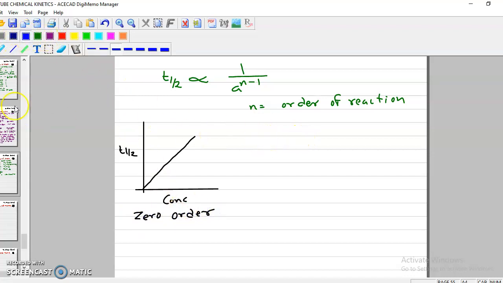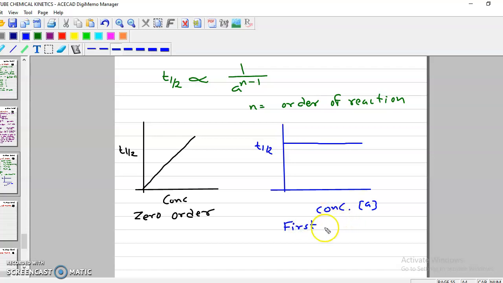Second, if the graph of T half versus concentration, that is A, goes like this, that means it is first order reaction.